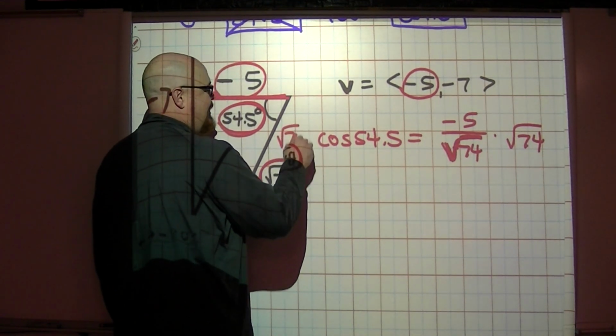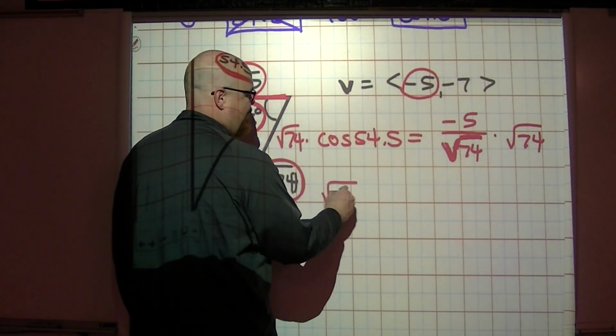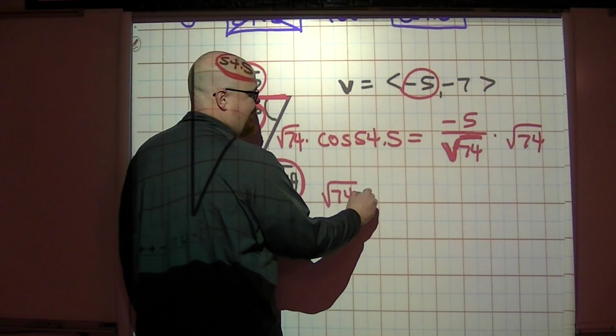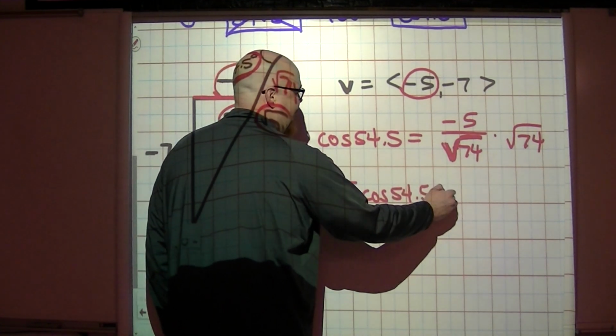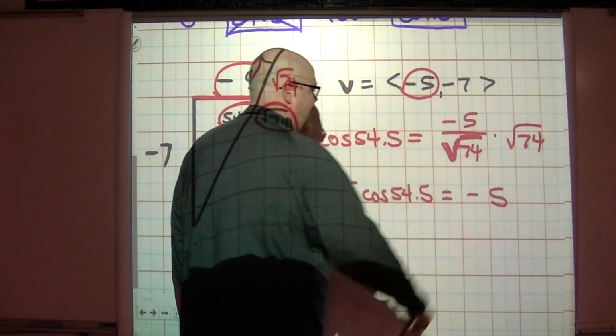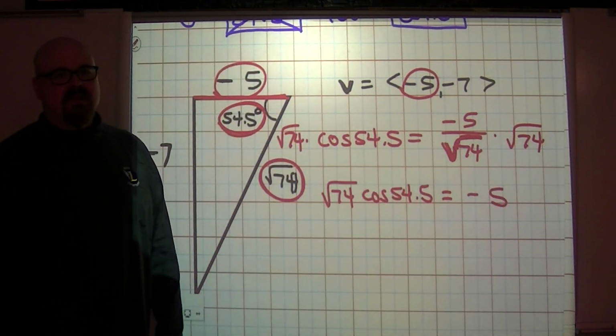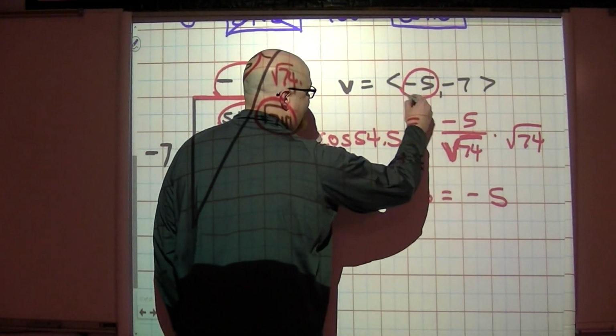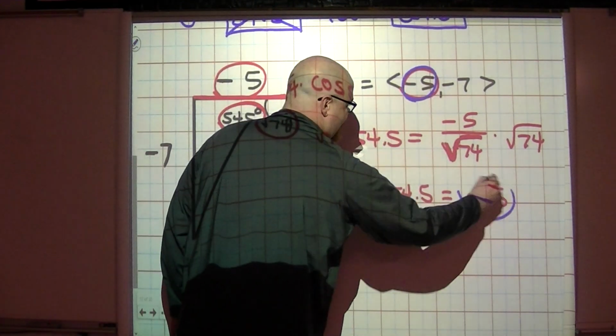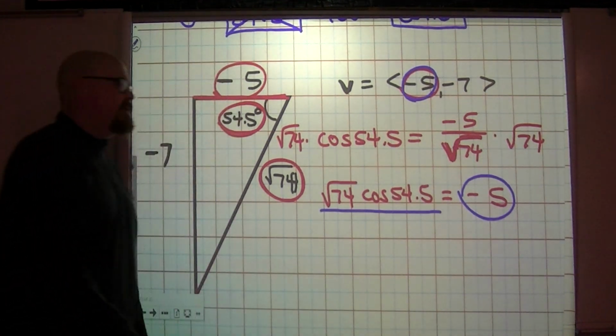I realize this is getting a little weird, then this expression, radical 74 times the cosine of 54.5 is equal to -5. If you can follow along, what we've just done is we've expressed this number right here like that.